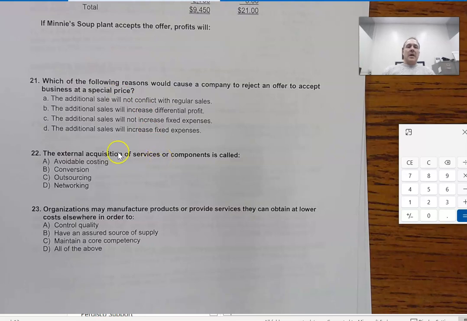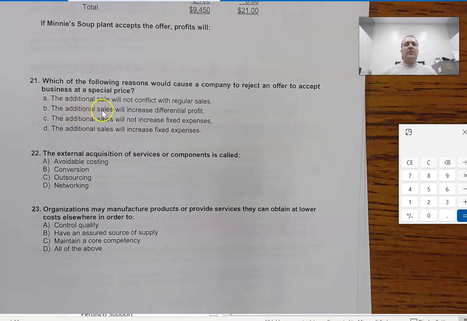Okay, so why would we potentially reject this? It says the additional sales will not conflict with regular sales. Okay, so that was just the scenario that we had. We had excess capacity, so it's not going to conflict with regular sales. So if A is true, we're going to go ahead and accept the offer. At least that's where we would start leaning towards.